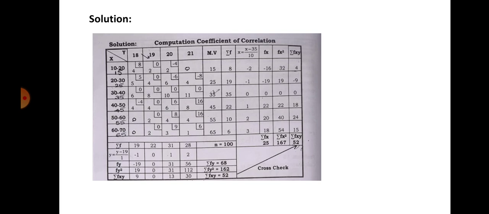Next 2 plus 6, 8 plus 10, 18 plus 6, 24 plus 4, 28 plus 3, 1, which is 31. Next 4 plus 11 plus 8 plus 4 plus 1 is 28. Whenever you add the row total, it must be the same as the column total, which is 100. In some books they take it as capital N. Here notation will have to be properly used.